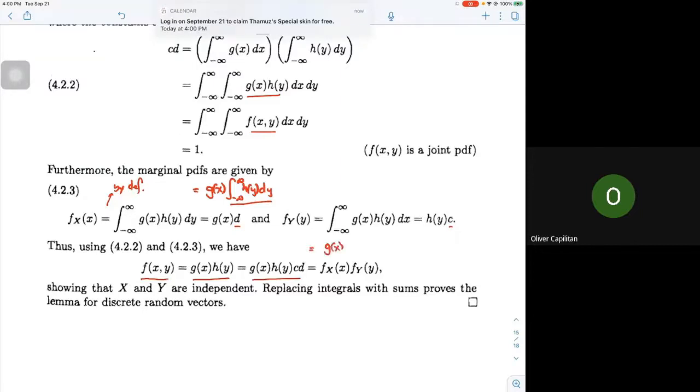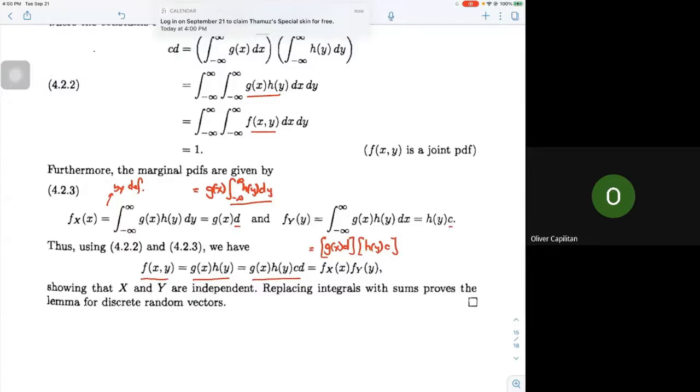And then if we group, say we have this, d, and then we have h of y times c. And then using 4.2.3, the joint is indeed equal to the product of the marginal PDFs of x and y, showing now that our x and y are independent.